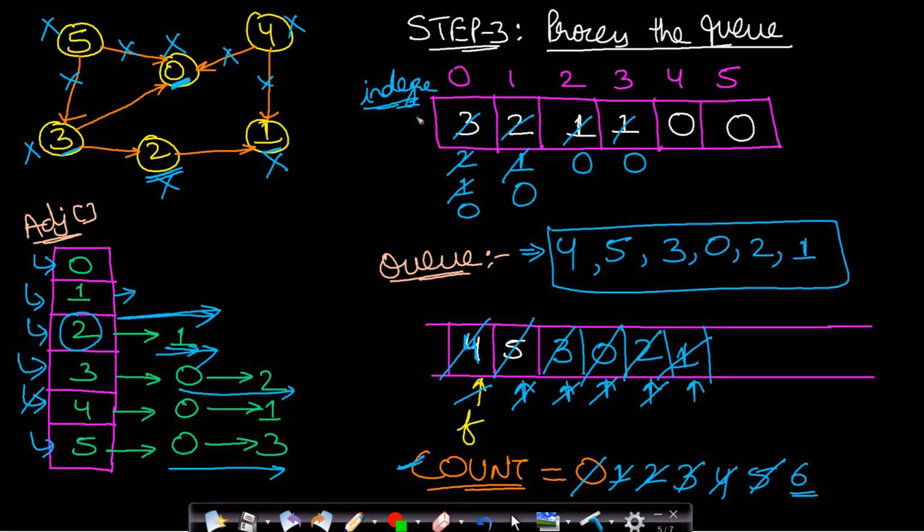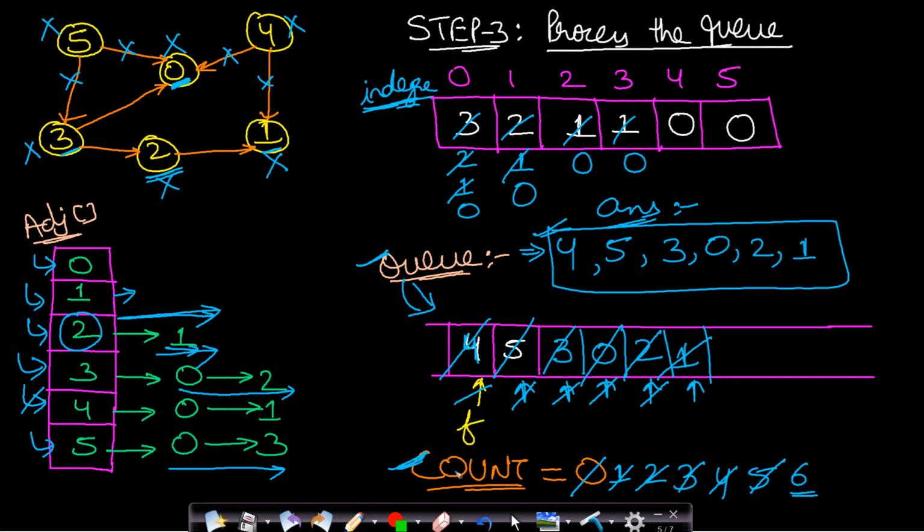Okay, so the in degree calculations will be done in our in degree array, and the queue will be taking care of the next node to be processed, and this counter will keep track of how many nodes we have actually processed at the end of this algorithm. And this is our answer vector, that is our answer array, which will be storing the order, which is the topological sort.